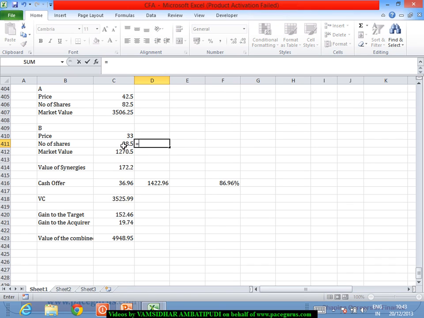So after the offering, the total number of shares of A increased by around 33.48 million.